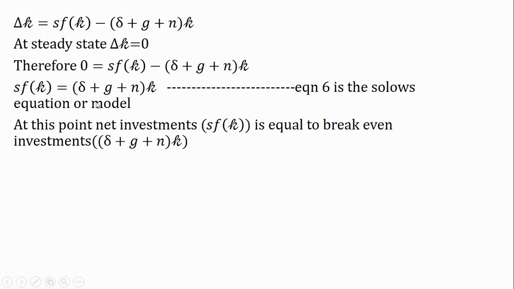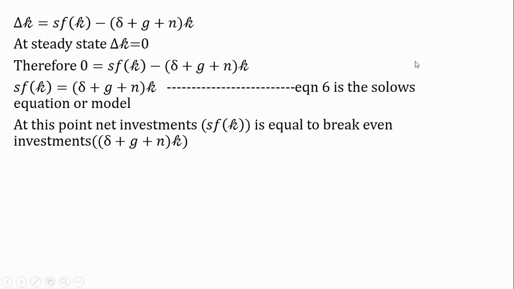The left hand side represents our net investments, and the right hand side represents the break-even investments. So the Solow's model is such that we assume that our net investments, or you can say the economy's savings, are equal to the break-even investments. So equation 6 is the Solow's equation.